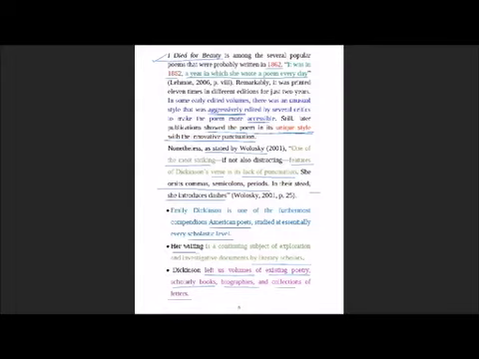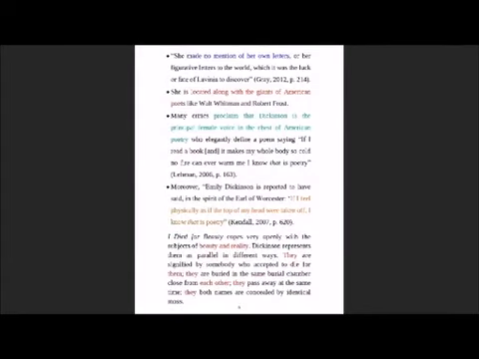Those collections of letters, the ones remaining after the burning of letters by her sister, because of what? Because of the will, because of the desire of Emily.